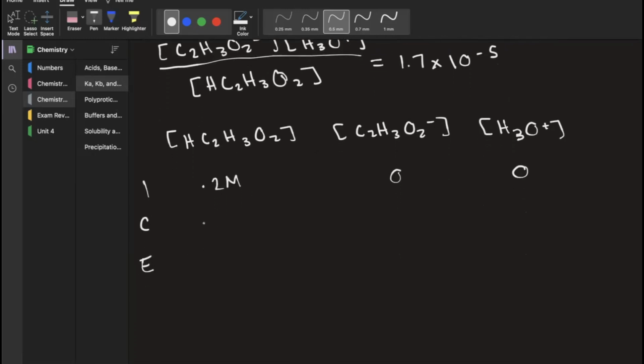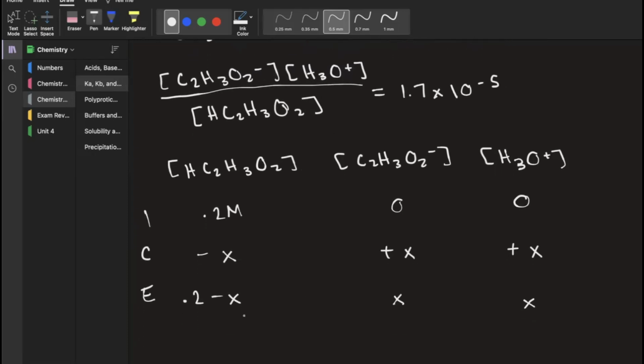So we're going to find that our change is minus X, plus X, plus X. By combining, we can find our equilibrium. So for the acetic acid, it's going to be 0.2 minus X, X, and then X.